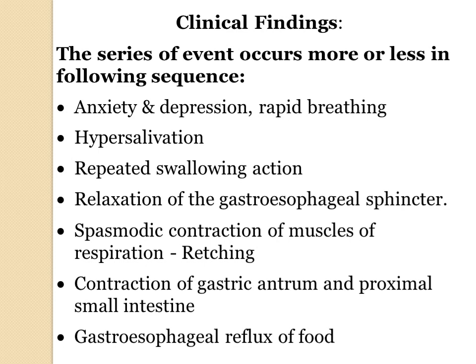Then there is spasmodic contraction of the muscles of respiration and the animal exhibits the symptoms of retching. Frequent retching is observed. Then there is contraction of the gastric antrum and the proximal part of the small intestine. Then there is gastroesophageal reflux of food.